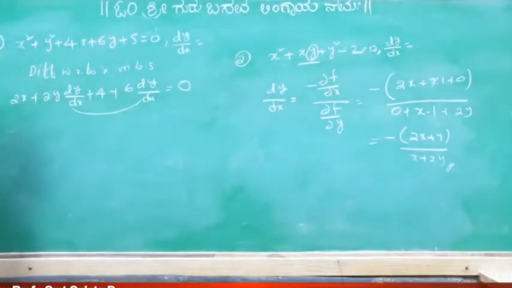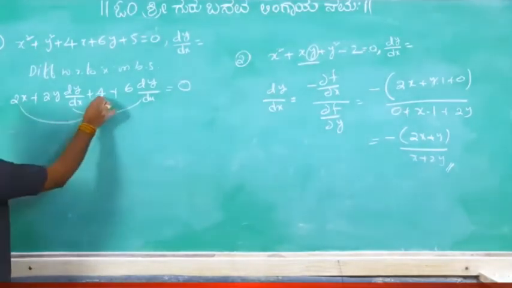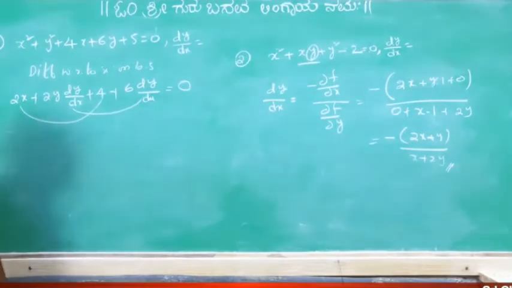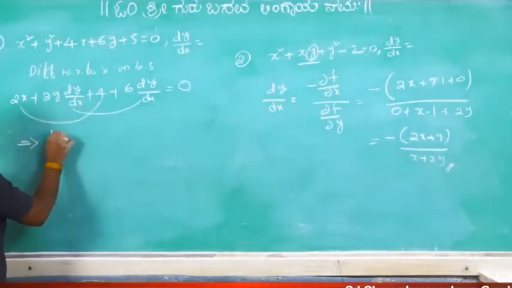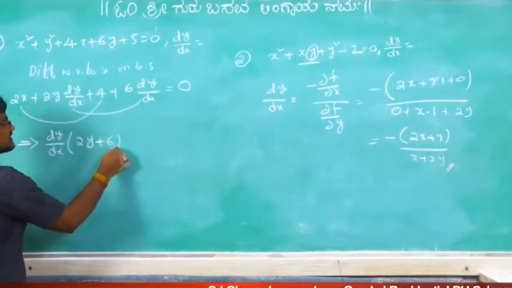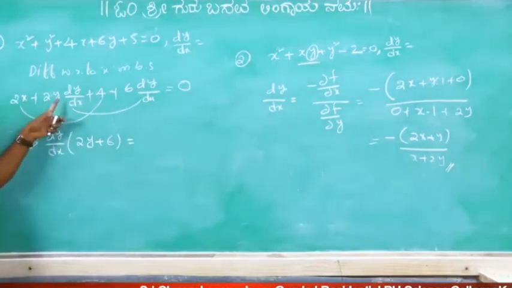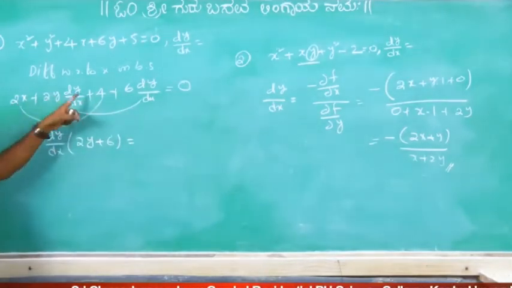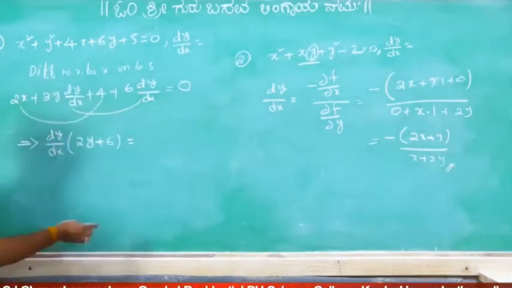From these two, we have to take dy by dx common, and these two take that side. That implies in these two, dy by dx common, what is remaining? 2y plus 6 equal to, here 2y is there, here 6 is there. The remaining two terms bring to that side. So what you will get?